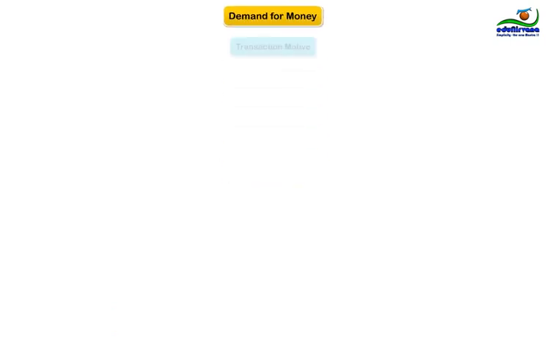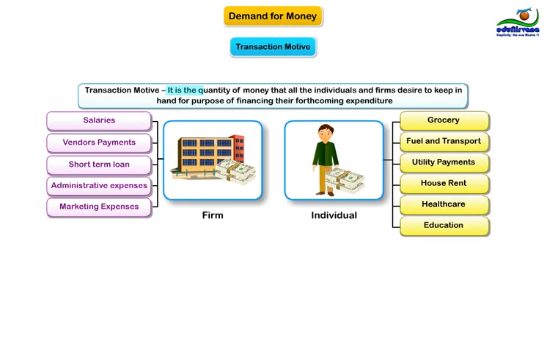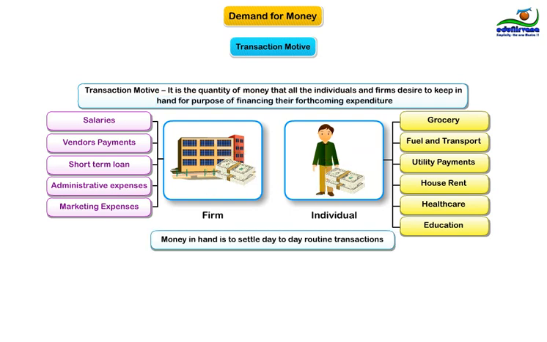The transaction motive. It is the quantity of money that all the individuals and the firms desire to keep on hand for the purpose of financing their forthcoming expenditure. The main reason to hold money in cash is to settle day-to-day or routine transactions for goods and services, since money is the medium of exchange.